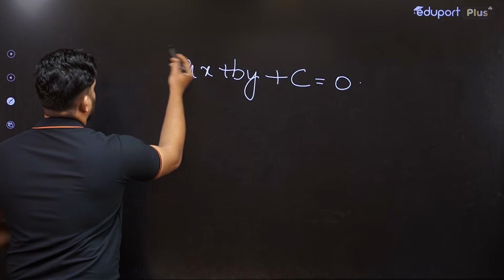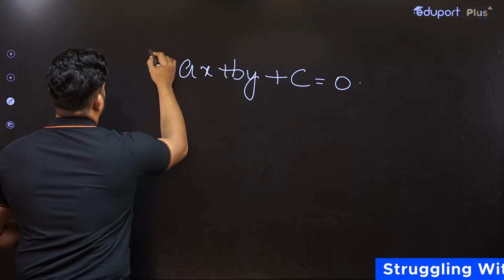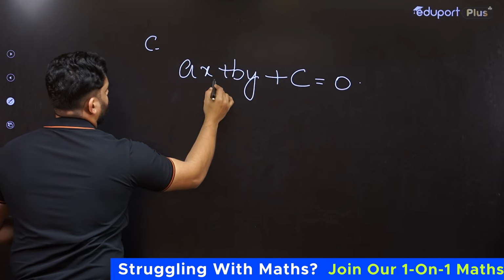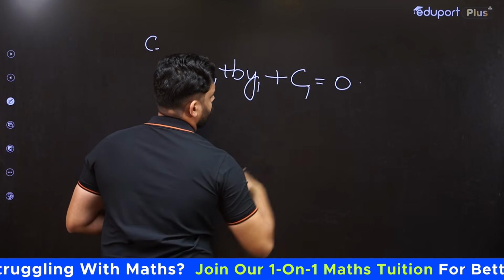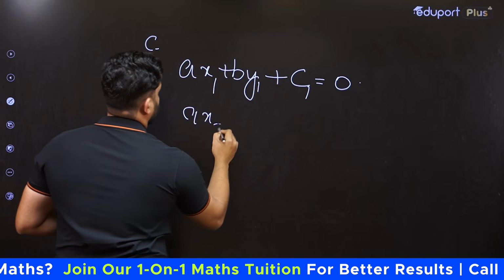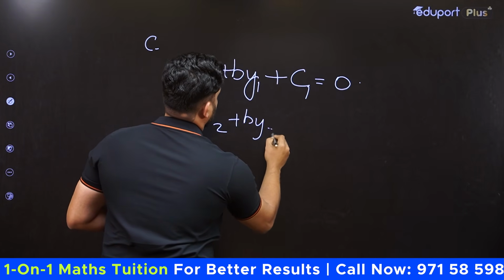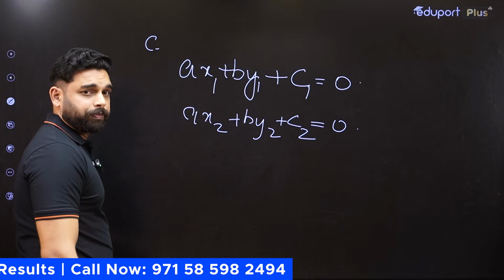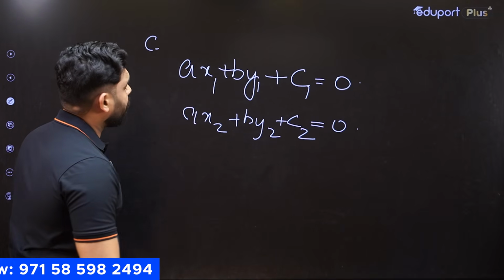If we take it as equation 1, that is a1x plus b1y plus c1 is equal to 0, and a2x plus b2y plus c2 is equal to 0, as this has two equations, we will be comparing these.